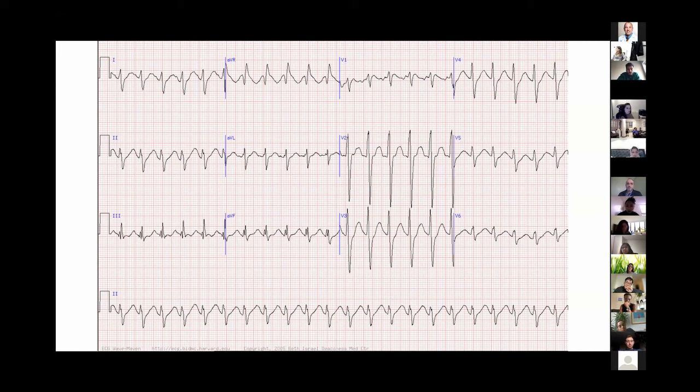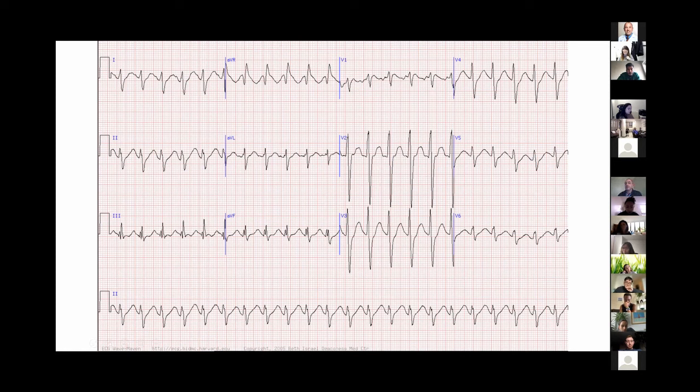Then you realize, wait a second, there is a sinus P in front of every QRS, and I'm just dealing with sinus tachycardia and a wide QRS that is some other etiology. So either there's a pre-existing bundle branch block or a non-specific intraventricular conduction delay.